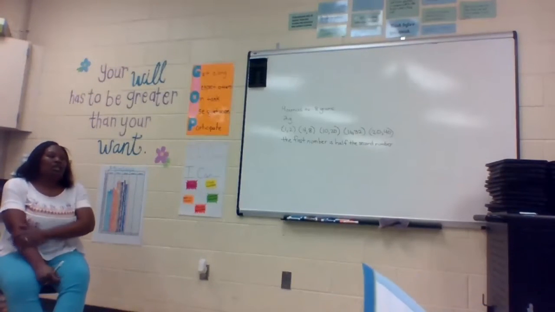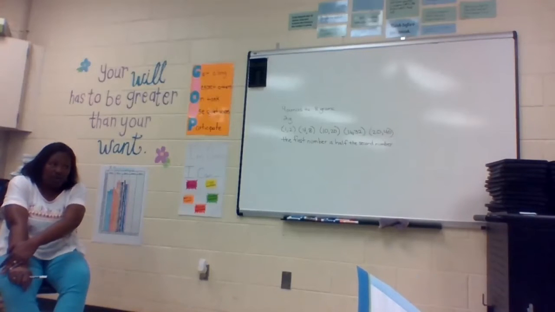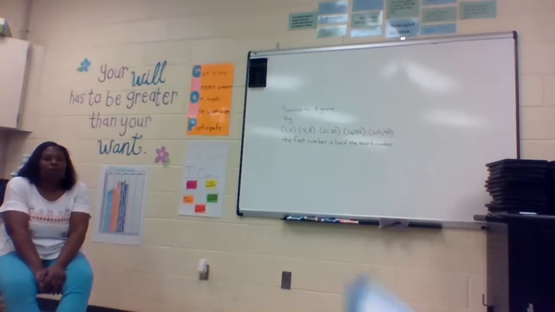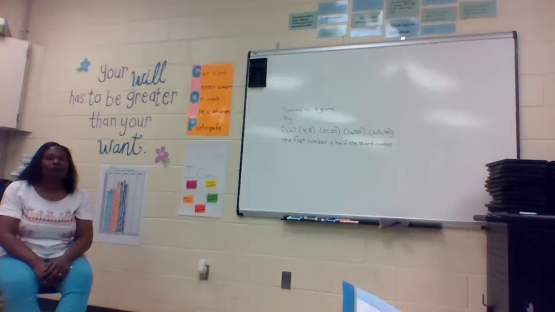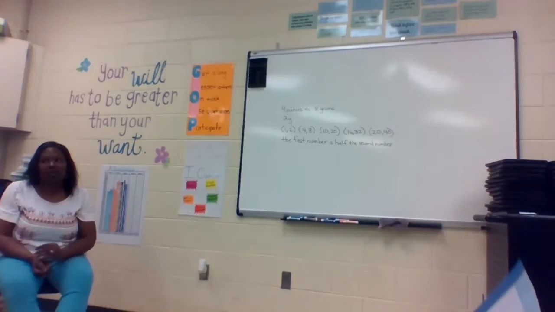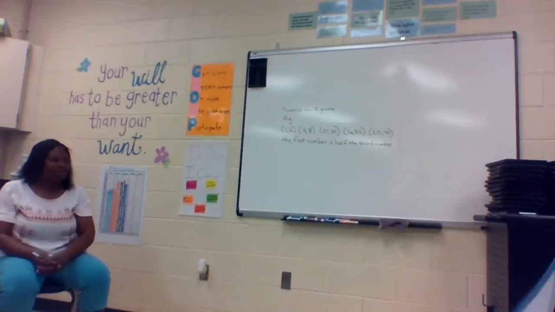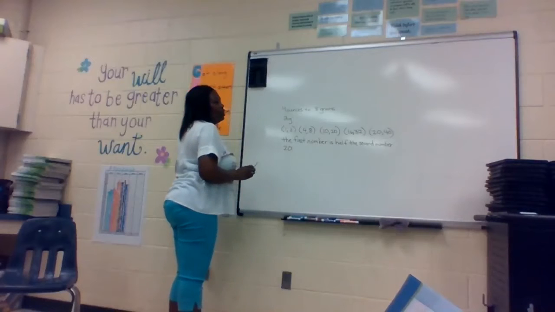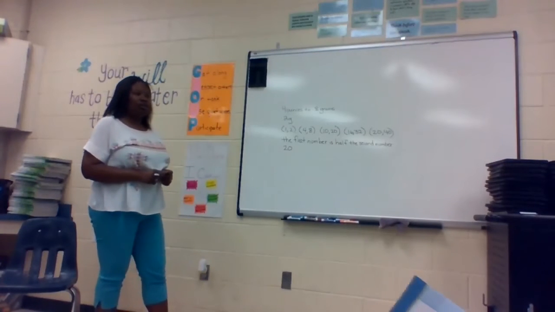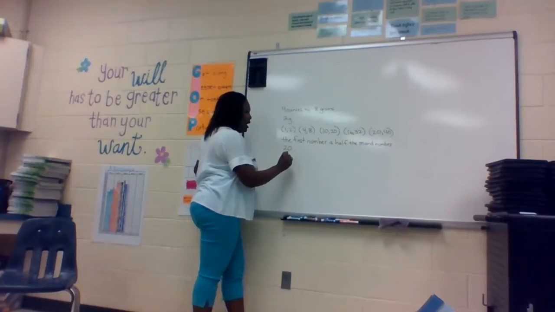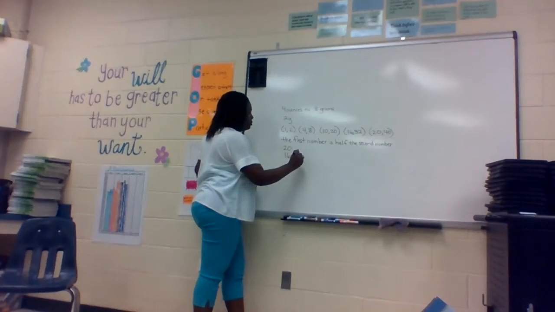The ordered pair 10, 20 means 10 ounces of yogurt to how many grams of protein? 20. The ordered pair 16, 32 means 16 ounces of yogurt to how many grams of protein? 32.